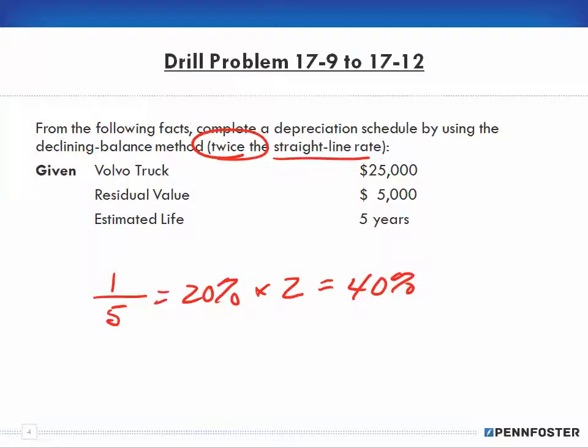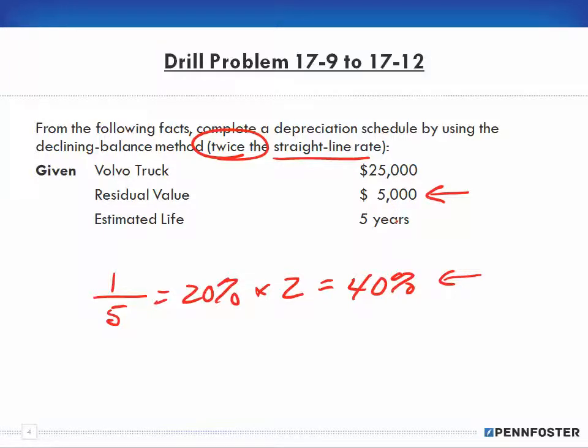Also notice that our residual value, our salvage value, is 5,000. That's going to play a part towards the end of the schedule because we have to end with a residual value. Even though we might be multiplying the book value by 40%, it doesn't necessarily mean we'll end up with an exact figure to hit our residual value of 5,000.